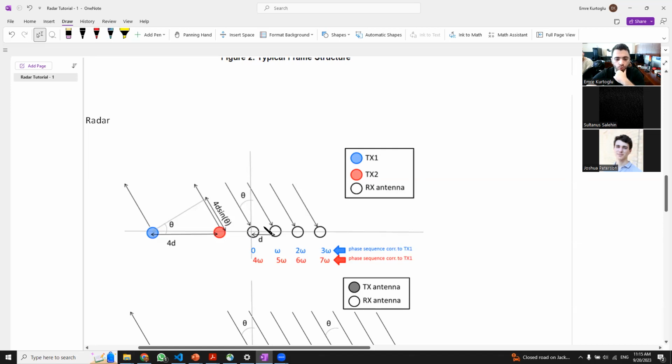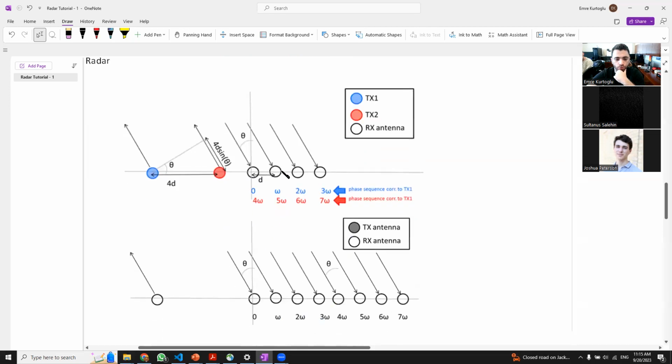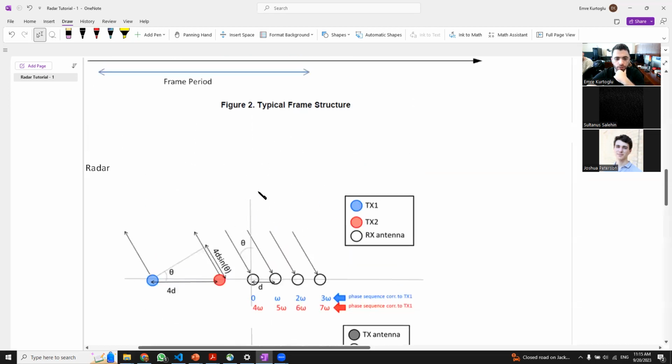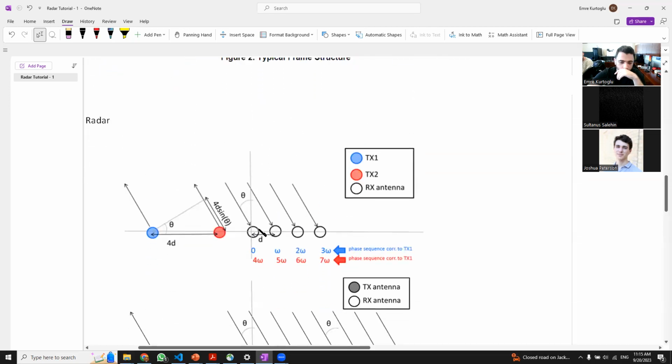But if we have two of these antennas, then, by the way, you can see my cursor, right? Yeah. Okay. So if you have 2 of these antennas, then from the flight time of the backscatter signals, let's say there's a target here.